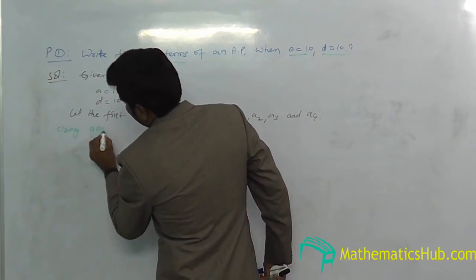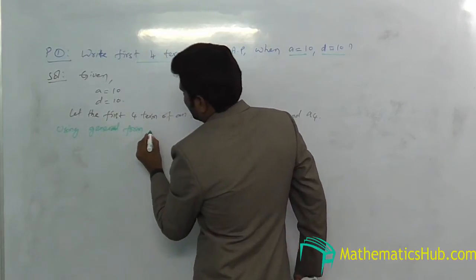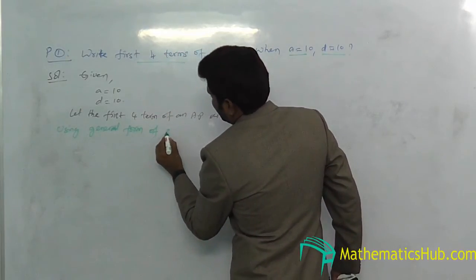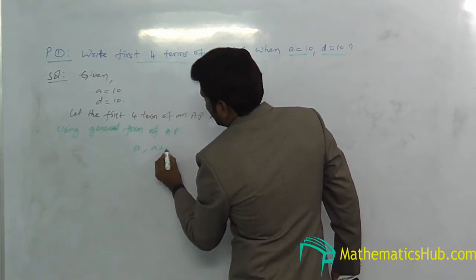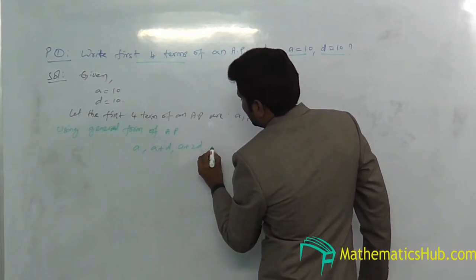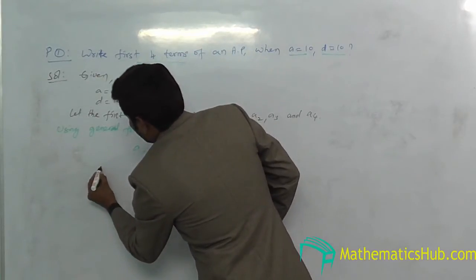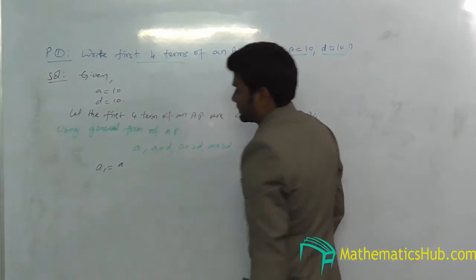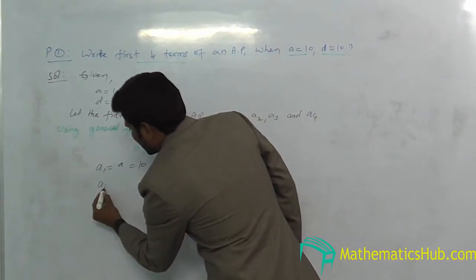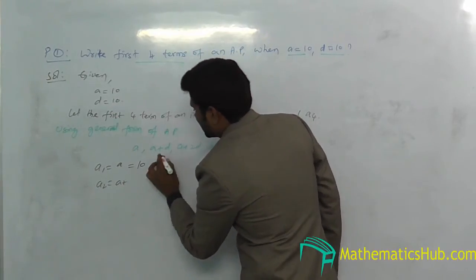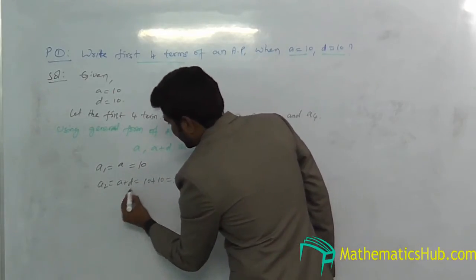Using the general form of AP, that is A, A plus D, A plus 2D, A plus 3D, and so on. So A1 equals A, that is 10. A2 equals the second term A plus D, that is 10 plus 10, 20.